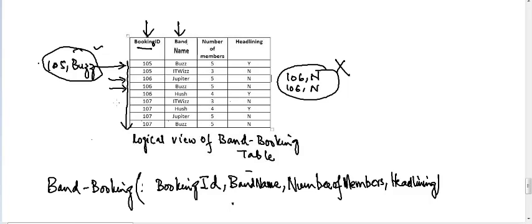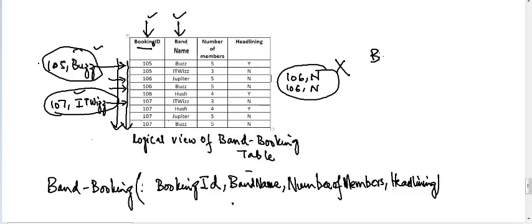Let's take a look here, and in this entry we can see that the booking ID is 107 and the band name is ITWiz. If we search our table for this combination and see if this value gets repeated anywhere in our table, we see that this value does not get repeated. So booking ID and band name, this combination can be used as a primary key.